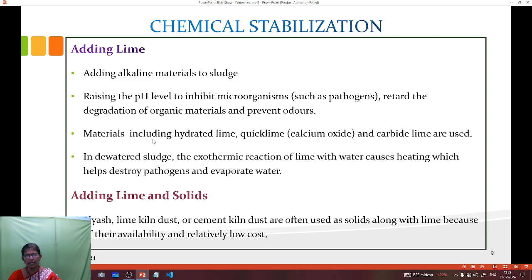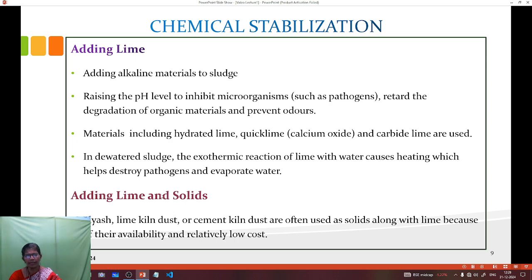The material, that is the lime, may be hydrated lime, quicklime or carbide lime. Any type of lime can be used. This process is also exothermic, which evolves heat. Due to that, the pathogens can be removed, and it also enhances evaporation of water.